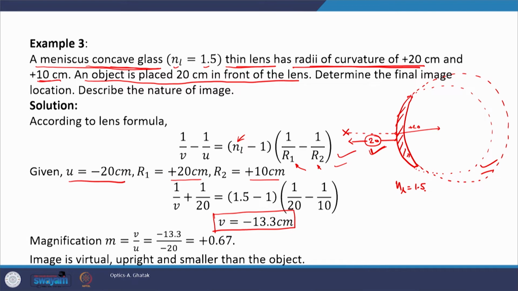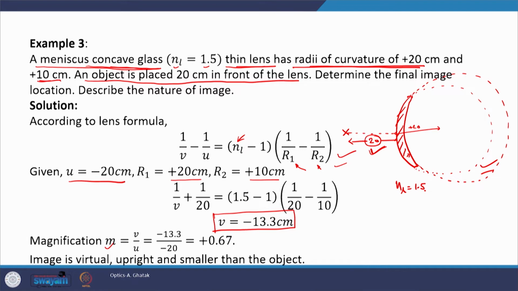Okay. Now, once U and V are known, we can calculate magnification, which is equal to V by U, or equal to the height of the image upon the height of the object.